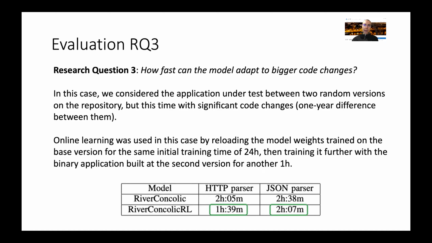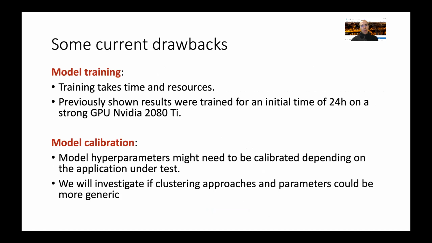We also explain a few motivations for what we think is happening behind the process. Some of the drawbacks are that training takes time and resources. The results that we showed on the previous slide were trained using a strong GPU over 24 hours.